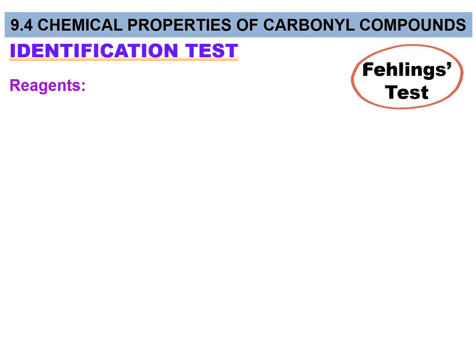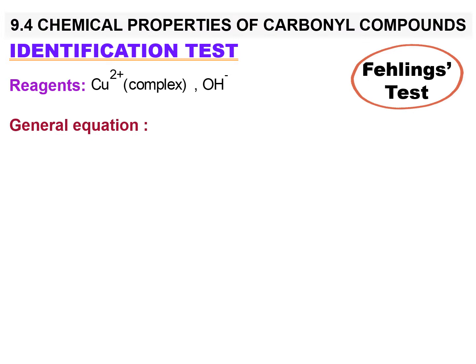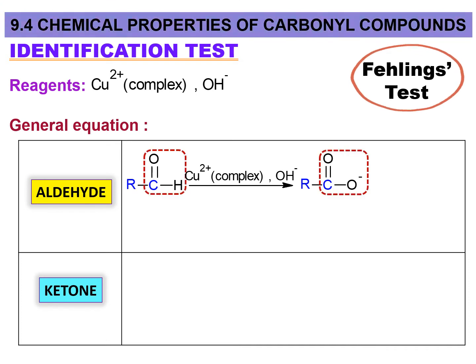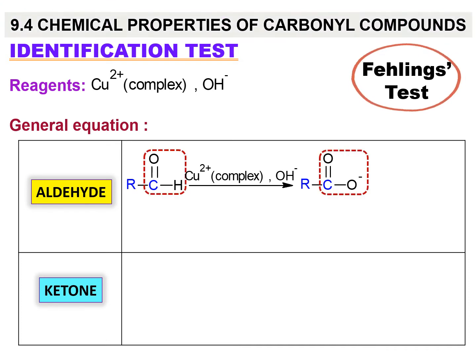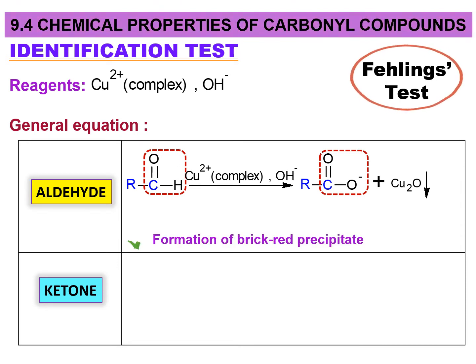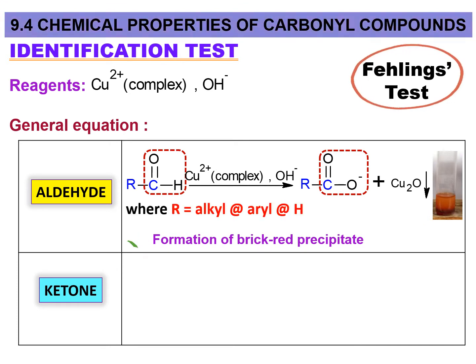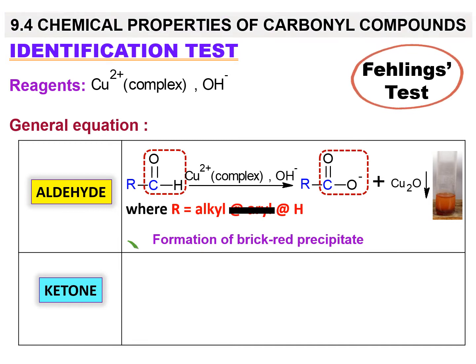Next, Fehling test. This is the reagent. For aldehyde, we will see the same product as Tollens, in which the CHO group of aldehyde will turn to COO-, the carboxylate ion, together with the observation of Cu2O, which gives a formation of brick red precipitate. The R here indicates alkyl or hydrogen only.